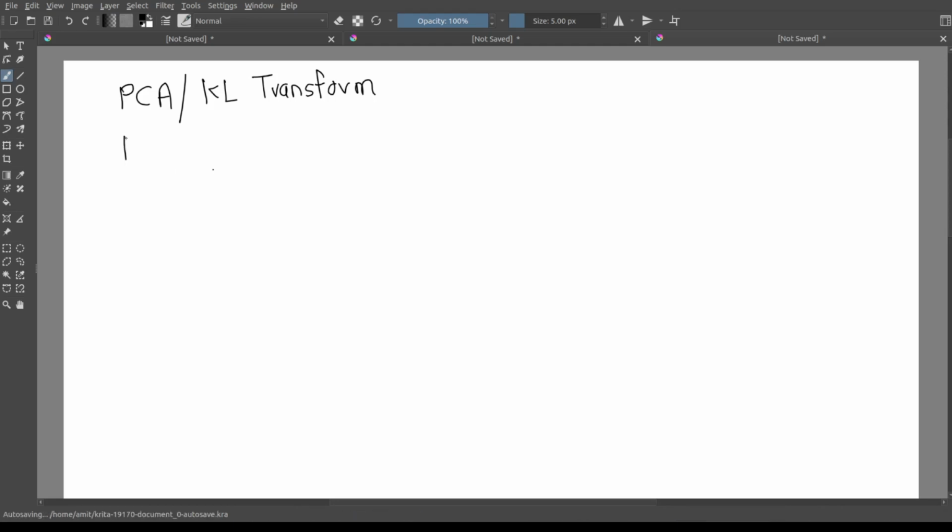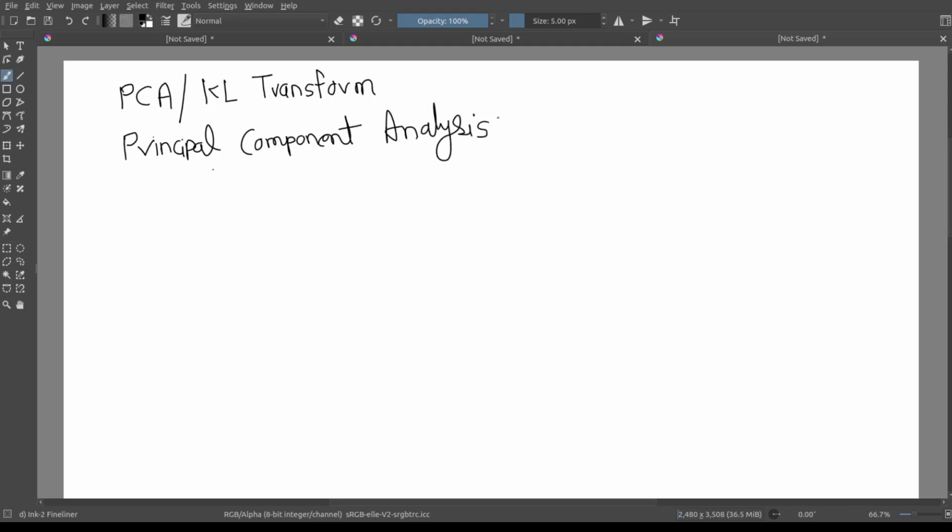This is part 1 of this topic, principal component analysis. KL stands for Karhunen-Loeve transform. Okay, so these transforms are there.